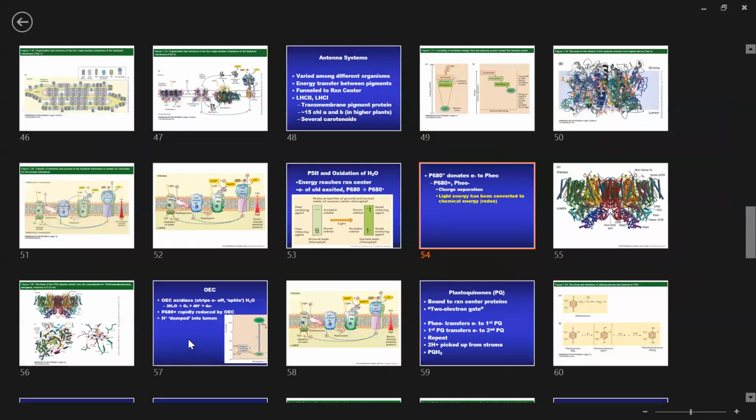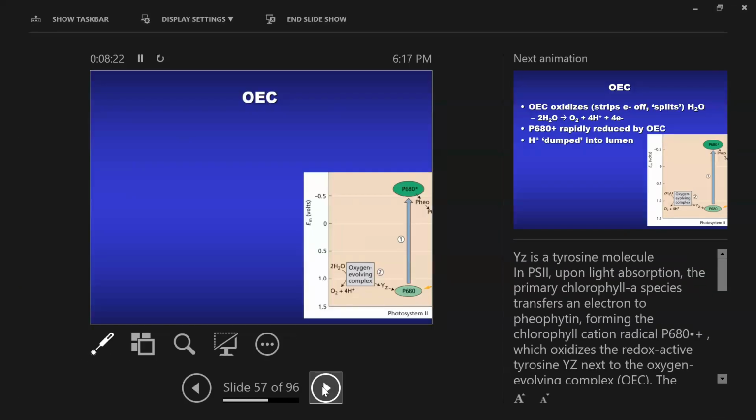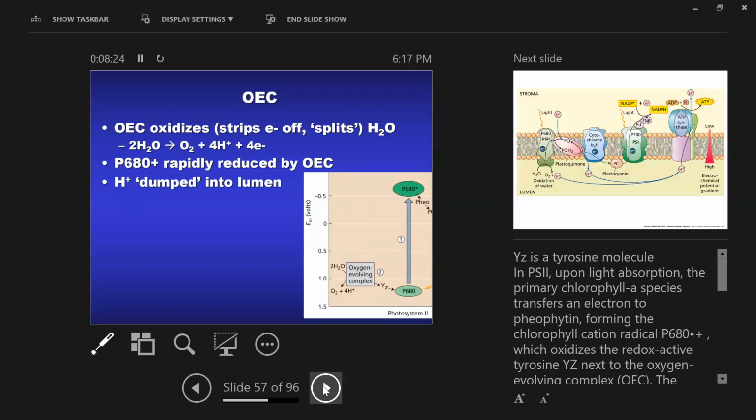And then we talked about the fact that you need to replace that lost electron. That chlorophyll's missing an electron, that's not good. You need that electron replaced, and so water is utilized for that purpose. So the oxygen evolving complex.